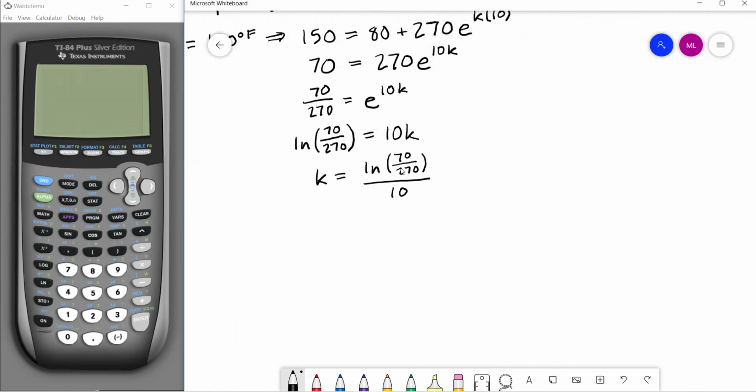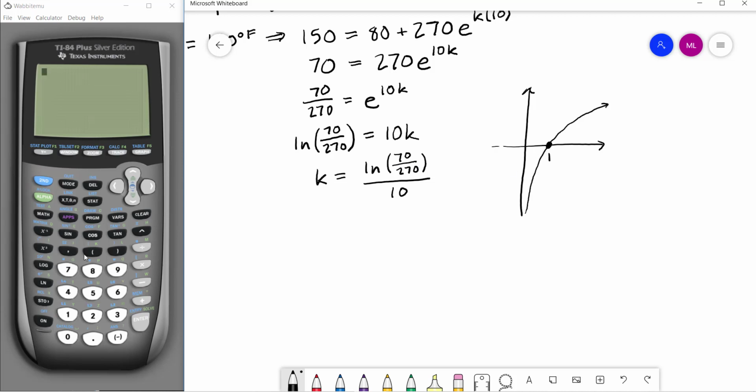And if we think about what the natural log function looks like, it goes basically like this, and it passes through this point right here at a coordinate of (1, 0). Basically, if you take the natural log of anything less than 1, you do indeed get negative values. And this number here is positive, but less than 1. So we should wind up getting a negative result out of this.